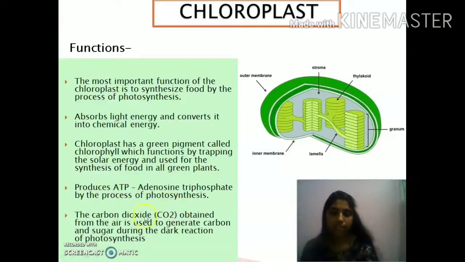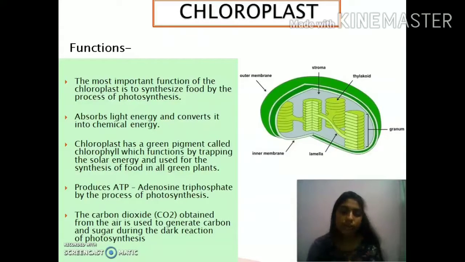Okay. The next is the carbon dioxide obtained from the atmospheric air is used to generate sugar and carbon during the dark reaction of photosynthesis. I have already discussed that the process of photosynthesis consists of two parts, light reactions and dark reactions, right?